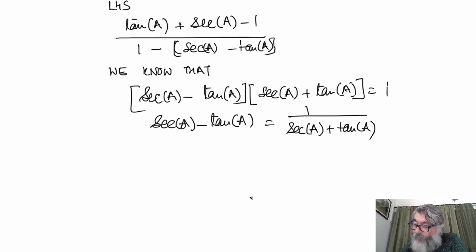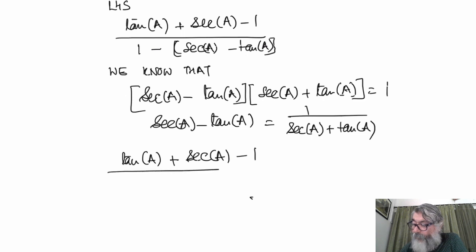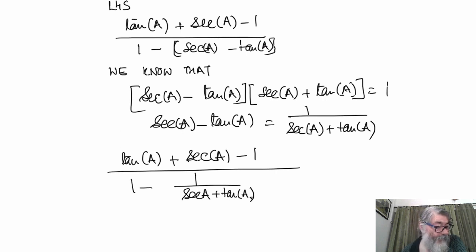Like on the left hand side, in the numerator I have tan a + sec a - 1 upon 1 - 1 upon (sec a + tan a). So what is going to happen? Let's take the LCM.